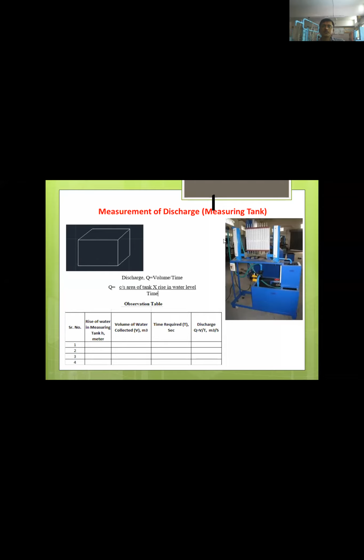Response from your side, whether drawing the table is over, observation table for the measuring discharge. Yes, sir. Okay.